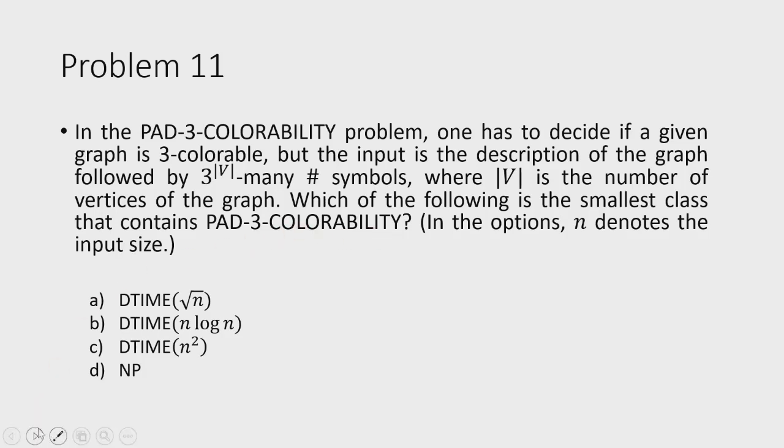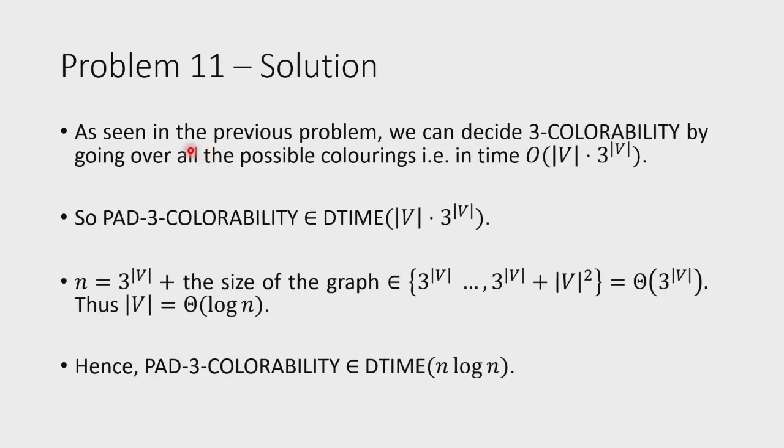Okay, so yeah, it's definitely in DTIME n square, that is true, but we can do something better. We can show that it's in DTIME n log n. Here's how. As seen in the previous problem, we can decide 3 colorability by going over all possible colorings. Now what were we doing in the previous problem?